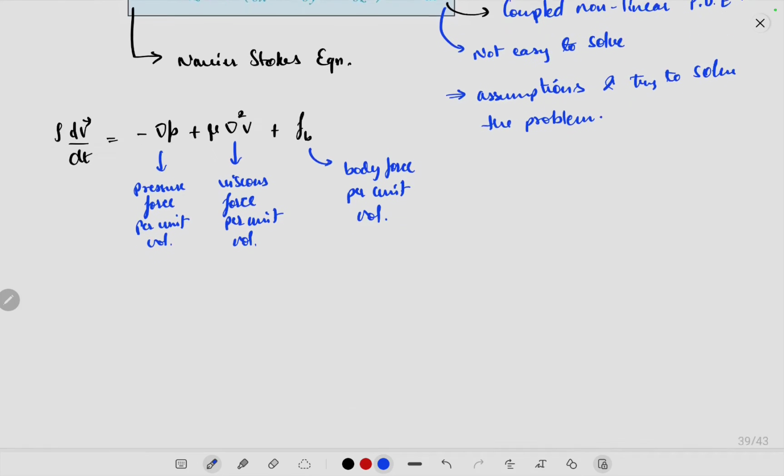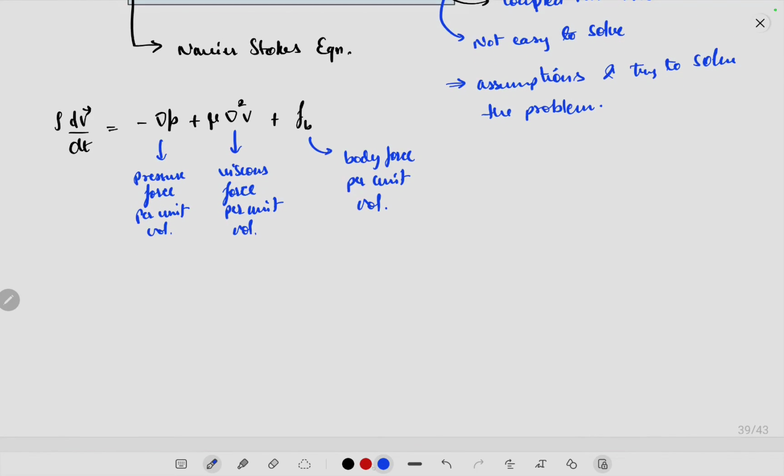Let me again explicitly write that this is for incompressible and Newtonian fluids, that is, mu is constant for them.